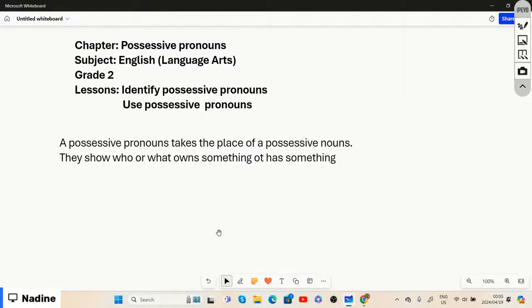And the lessons that we are going to be focusing on is to identify possessive pronouns, and we're also going to use pronouns.